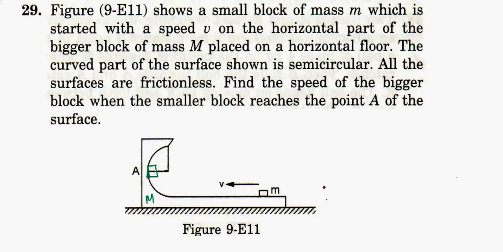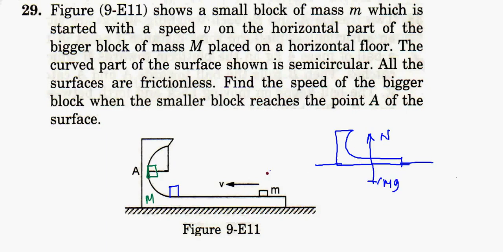If the question was find the velocity of the bigger block when the smaller block reaches here or any point on this horizontal part, if we'll take the bigger block separately, it will get a normal force from the ground and mg. They are balanced.